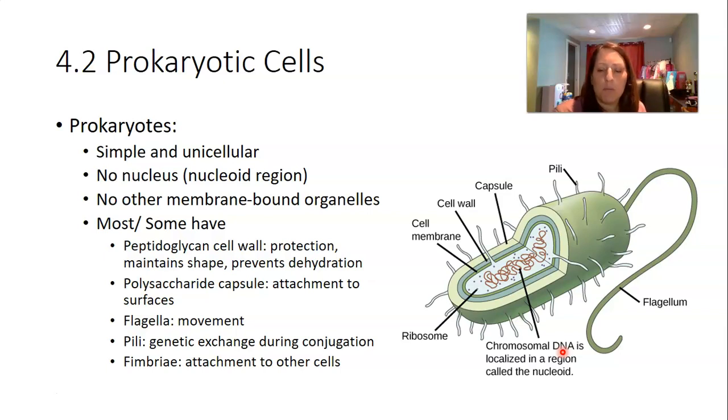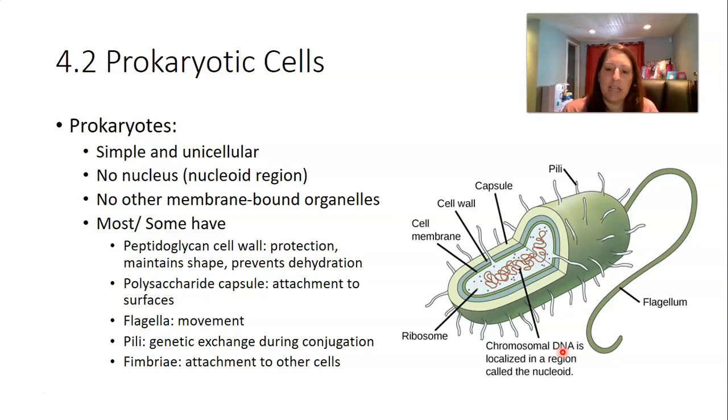Okay, so some or most prokaryotes have some other stuff. Outside of their plasma membrane, many of them will have a cell wall. The cell wall is going to look different than the cell wall of plants. It is composed of a structure called peptidoglycan. Again, a little different than the cell wall of plants. The purpose of the cell wall here is protection.